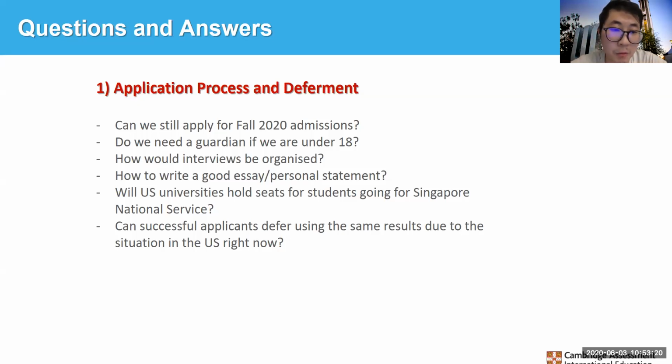And following some of these questions, UC doesn't have interviews. We don't offer interviews. For our essay, personal statements, we have very unique personal statement requirements. We call it personal insight questions. We have 8 questions. The student chooses to answer at least 4. And they're very short response questions, about 350 words.